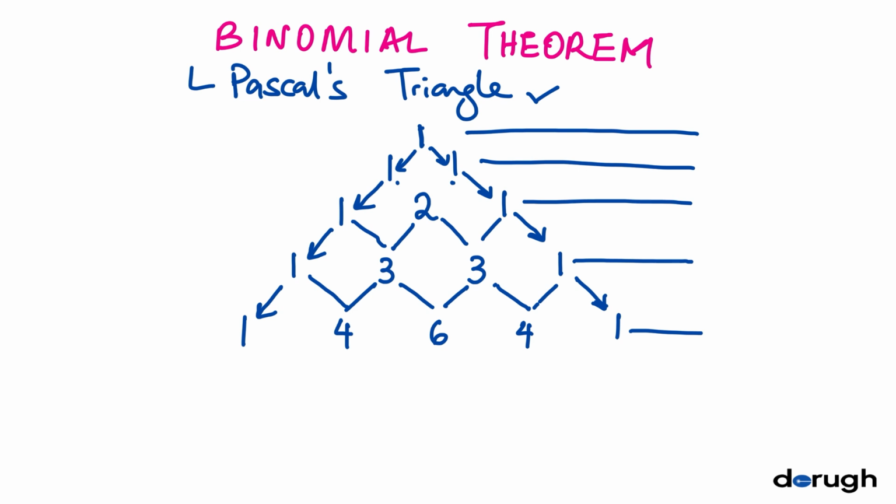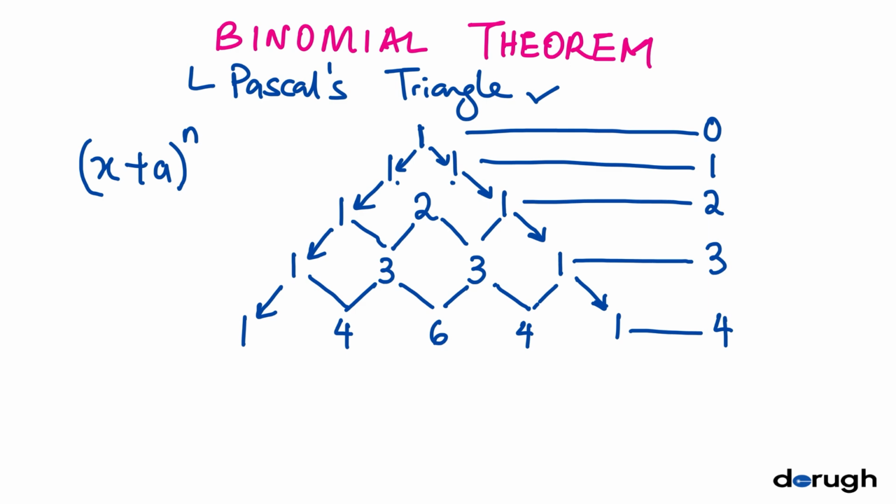Each of these levels represents a corresponding value of the power. Remember, we have our example here, x plus a raised to the power of n. So each of these levels represents power n. And so the first level is 0, the next is 1, and then 2, 3, 4, and it keeps going down.